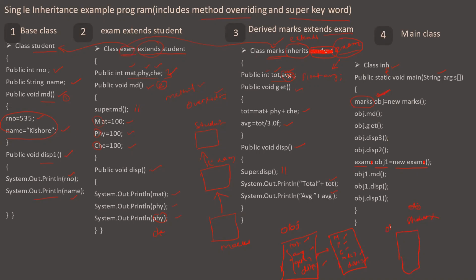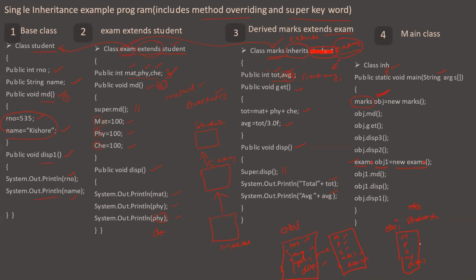So I'm going to write here what all the things are present in obj1. As this obj1 is for your exam class, the properties present in exam are there in this. So you're going to have maths marks, physics marks, chemistry marks, MD, as well as display. And also, this exam is extending the features of your student.